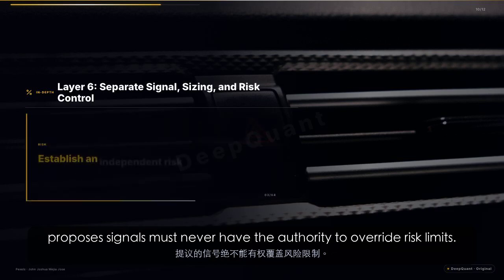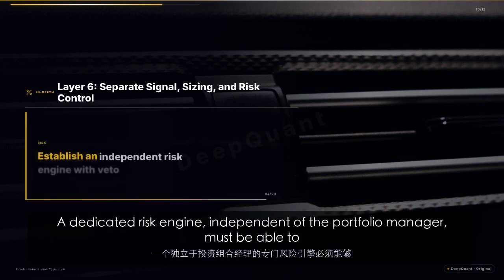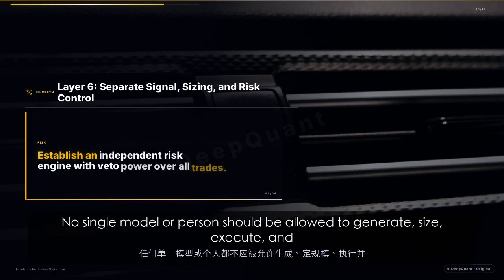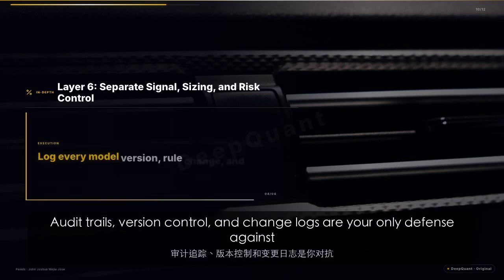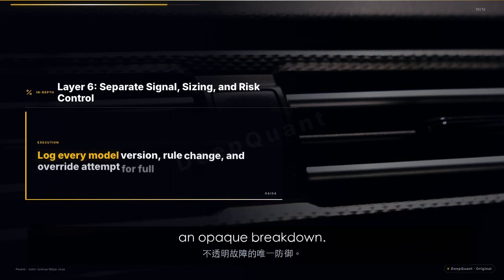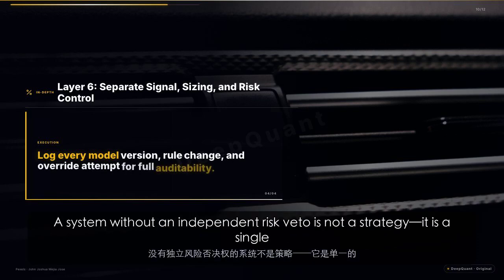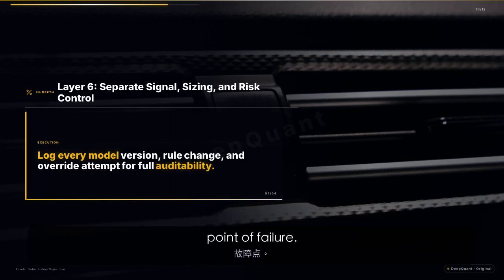A dedicated risk engine, independent of the portfolio manager, must be able to veto any trade. No single model or person should be allowed to generate, size, execute, and hide a loss. Audit trails, version control, and change logs are your only defense against an opaque breakdown. A system without an independent risk veto is not a strategy, it is a single point of failure.